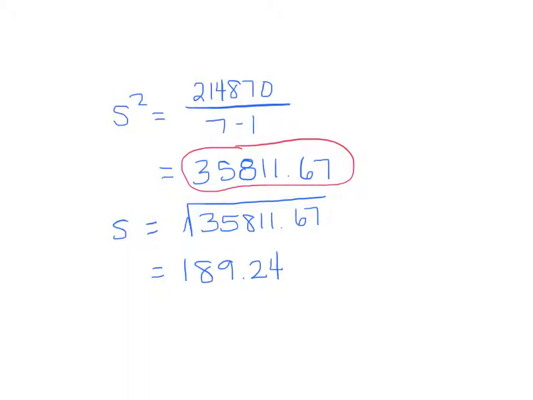And then if I take the square root of that value, that will give me the standard deviation. The square root, again rounded to 2 decimal places, is 189.24. So our standard deviation for that set of 7 metabolic rates for men was 189.24.